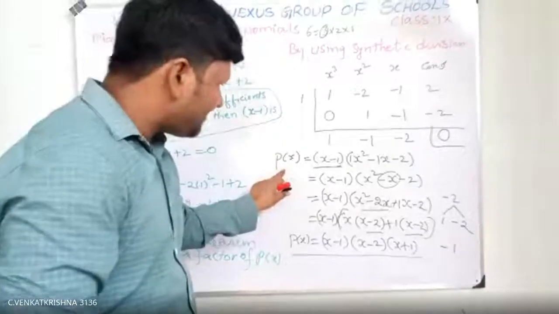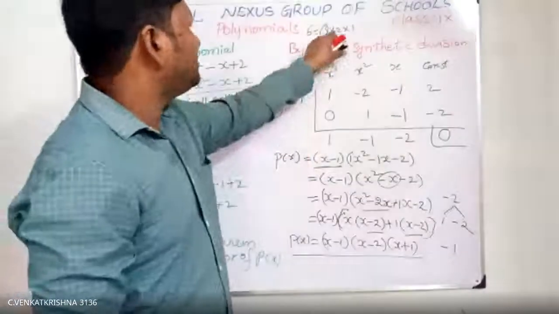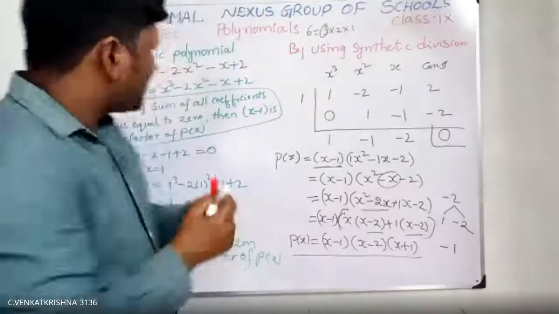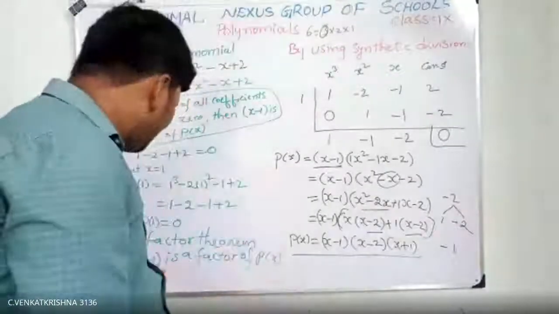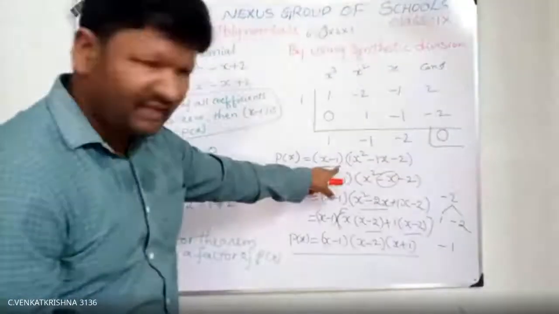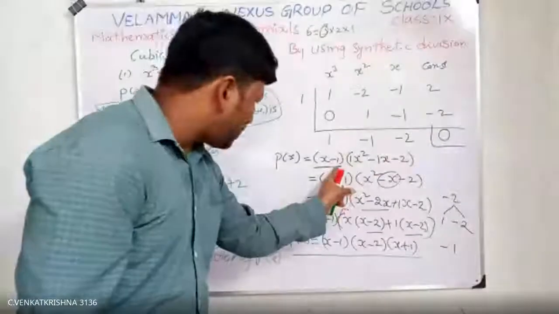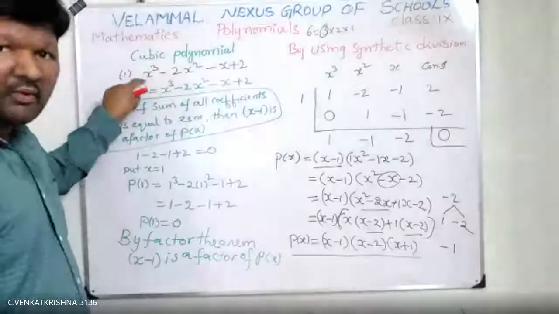Now this P of x is equal to this factor into the remaining factors. The remaining is what? 3 into 2, or otherwise 1 into 6. So a cubic polynomial has three factors, in that we already found one factor, and this is the remaining. If you multiply these two, we get our polynomial.